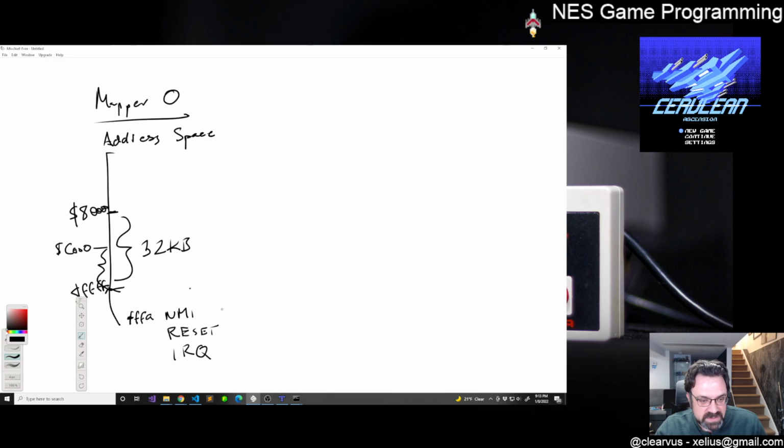So this is 2 bytes, this is 2 bytes, and this is 2 bytes.